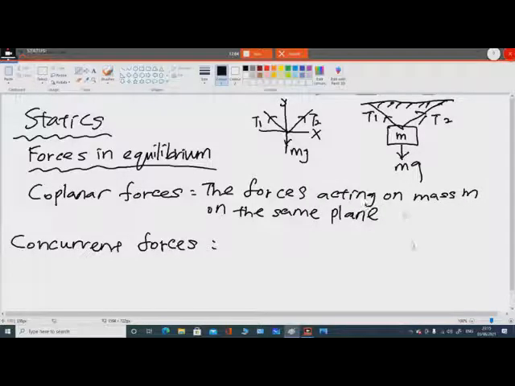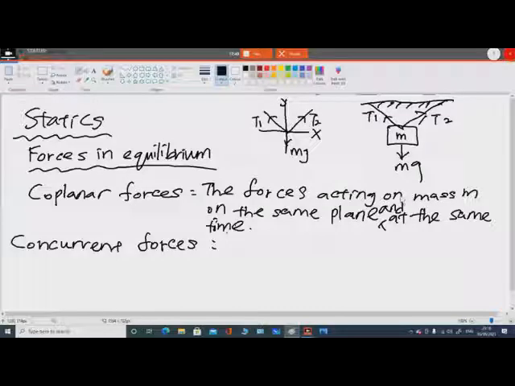This is the definition for coplanar force: the forces acting on mass M in the same plane and at the same time.